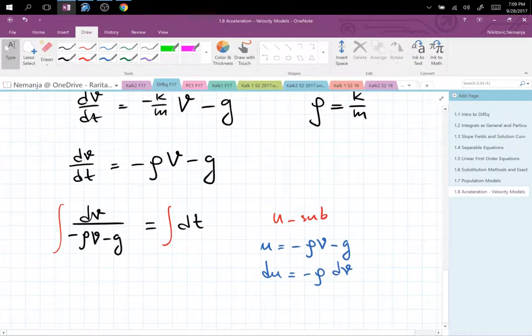And by plugging everything in and working this out, you are going to get the ln of negative rho v minus g. You have to have a negative, which you can factor out, so it's 1 over rho v plus g, right?